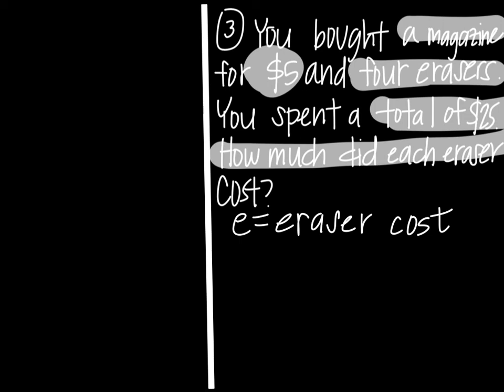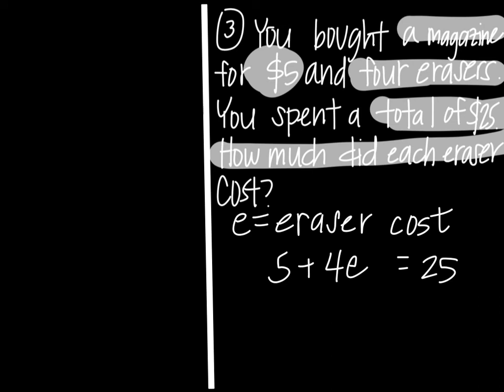Alright, so we spent a total of 25, so that means that the equation needs to be equal to 25. So the magazine was $5. So we're going to add 4 erasers to that. So we don't know the cost of each eraser.